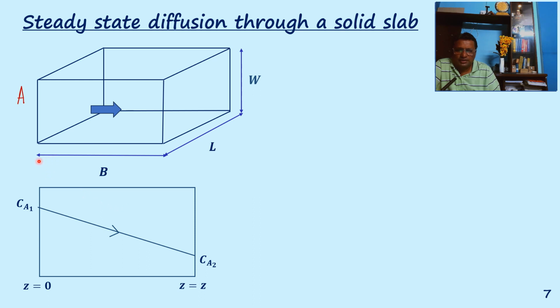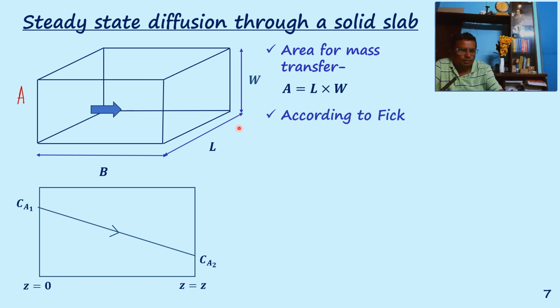So the length of the diffusion path will be B, that is the length of this dimension from Z is equal to 0 to Z is equal to Z. As I said earlier, area for mass transfer, area through which diffusion occurs, is L into W. The diffusion is taking place through this surface, and that's why the area available for diffusion is L into W.